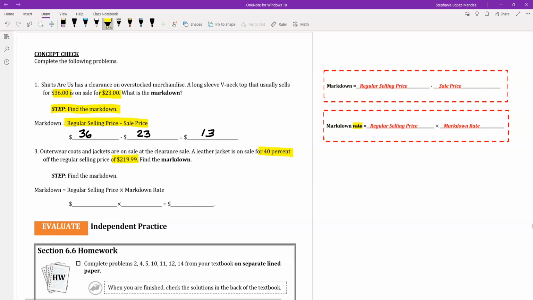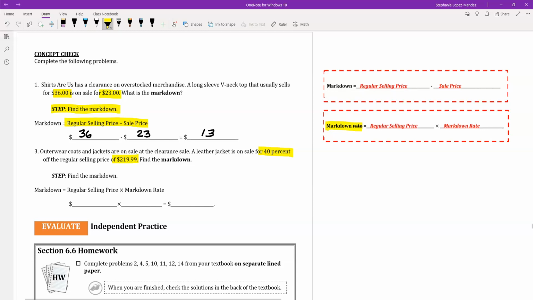So again, the difference between problem number 1 and problem number 3 is that in our first problem we had a sale price. Okay, that was $23. Under number 3, we have a percent. That means we automatically know that we are going to use the markdown rate formula.